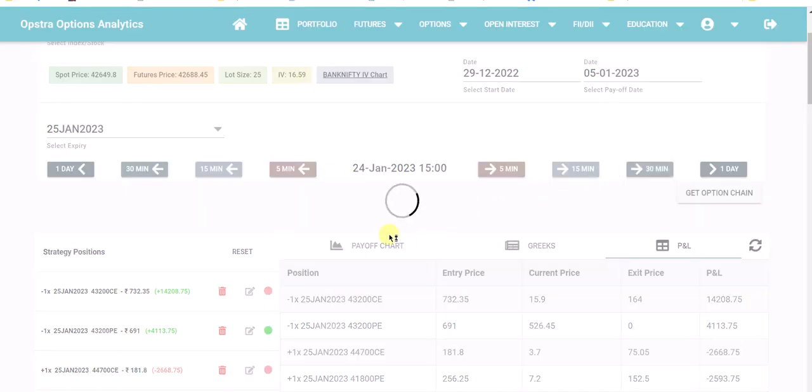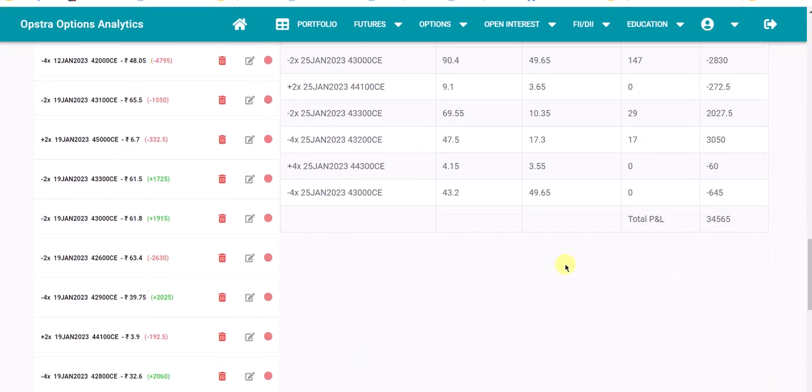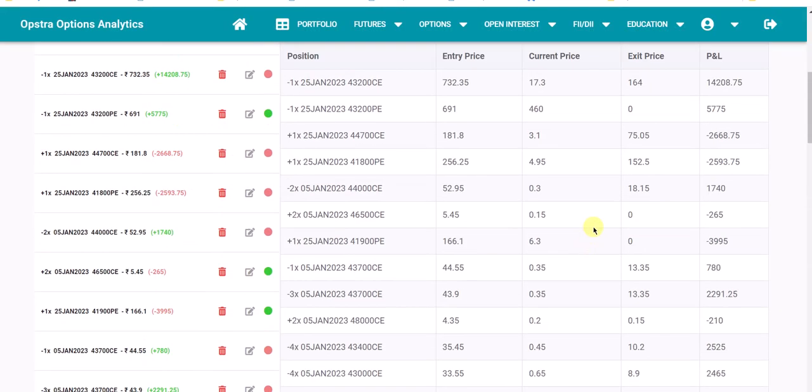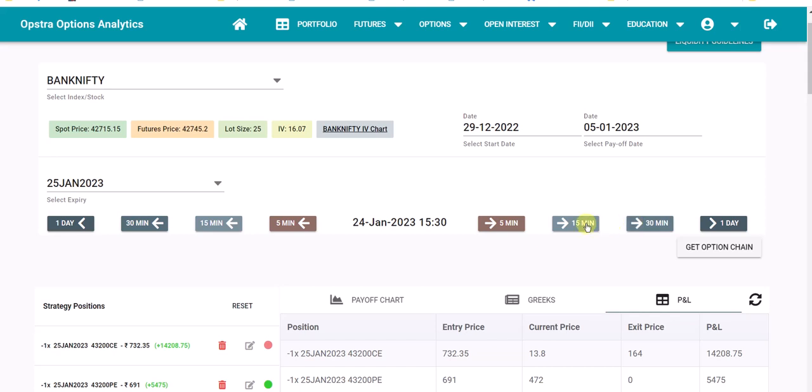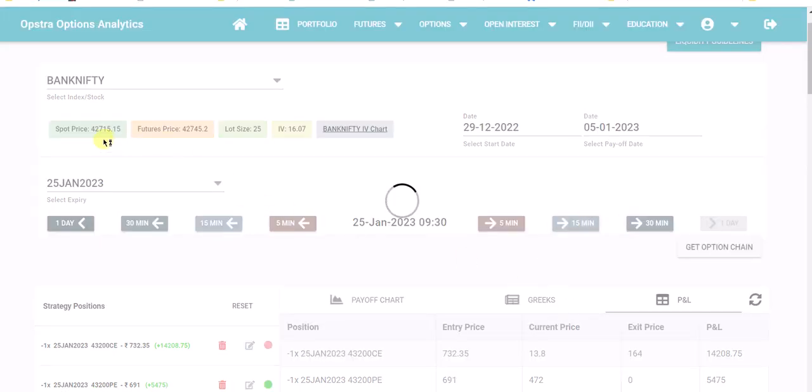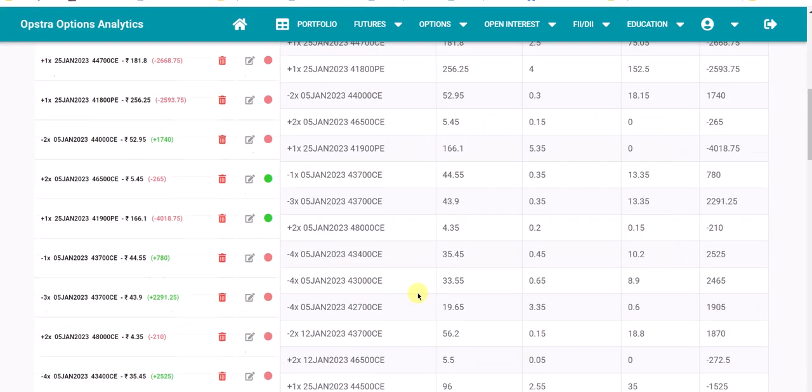So let's move ahead and see the premium. There is not much impact. Keep moving. Not much impact. 15 minutes for the last day of expiry.